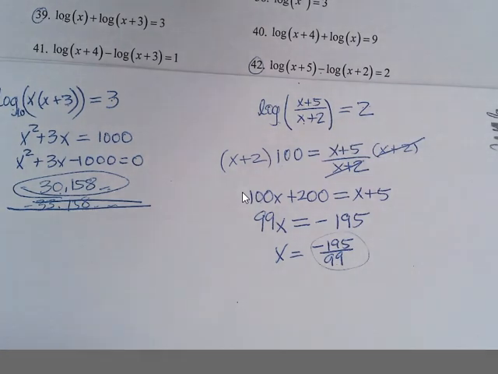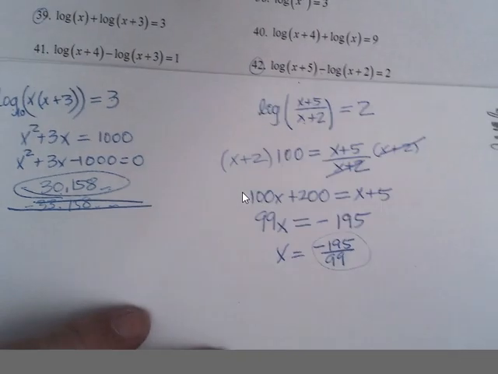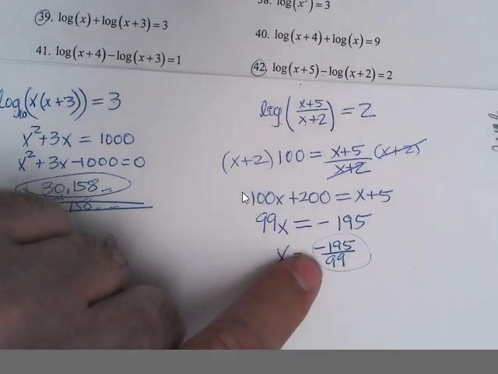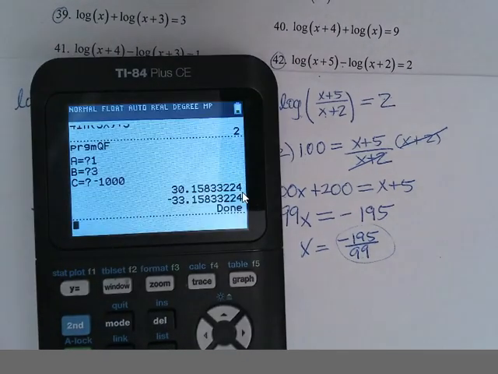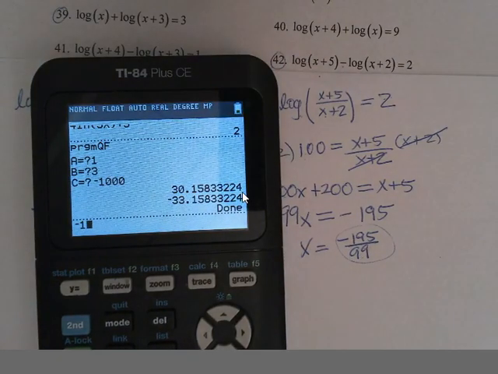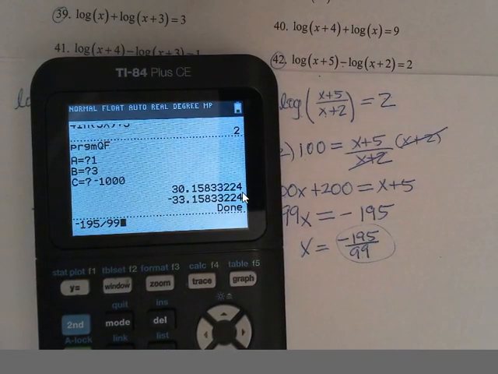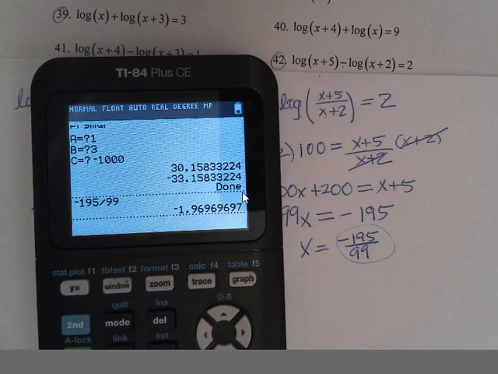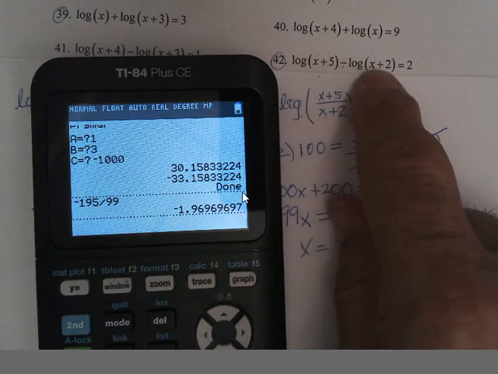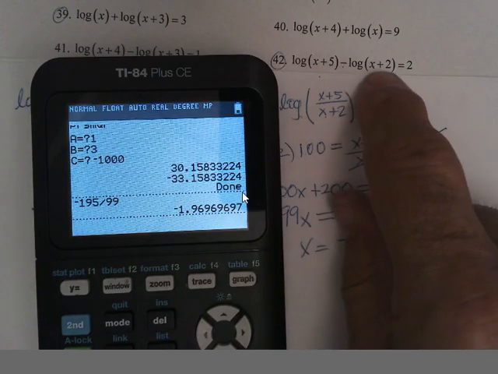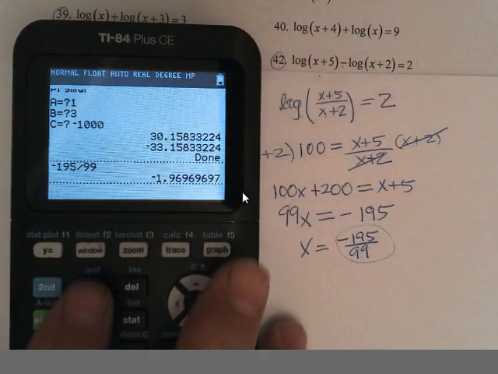So I think it would work, because this is smaller. Let's find out here for sure. Negative 195 divided by 99. And that's not enough negative to cause this to be a log of a negative number, so this should work.